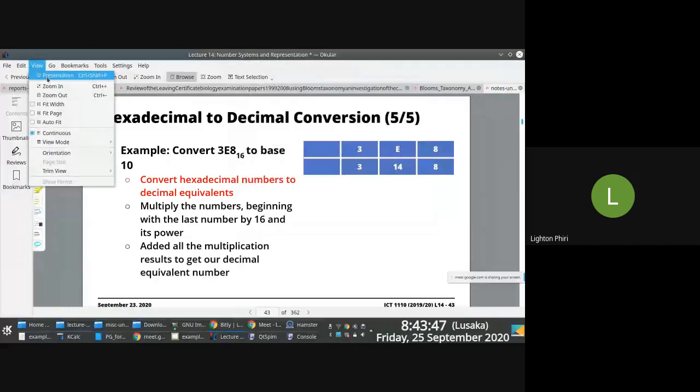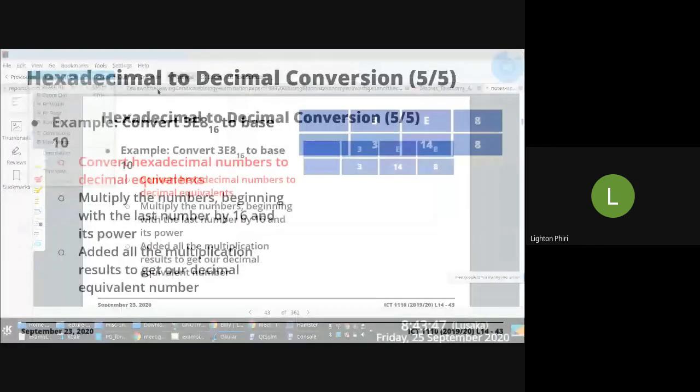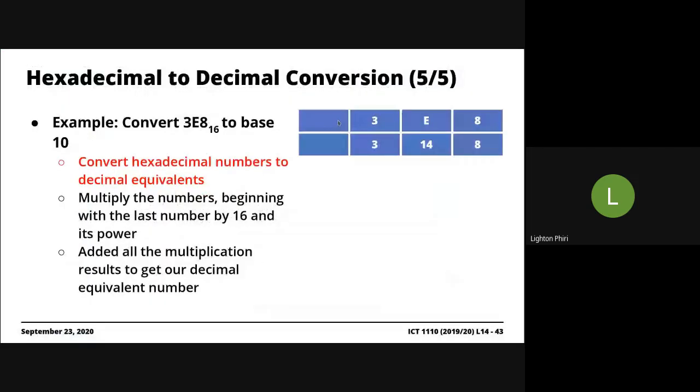So anyway, here's another example, right? So we're saying 3E8. The first step is you first of all identify the equivalent decimal symbols associated with these hex symbols you're working with. So 3 is 3, E is 14, 8 is 8.